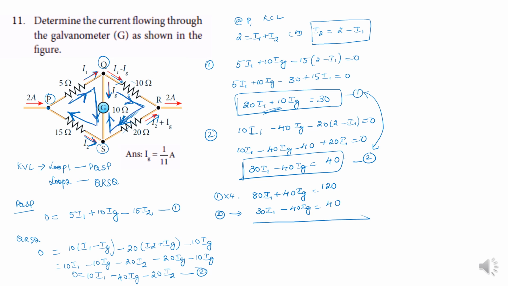Adding the two equations, 110 I1 is equal to 160. I1 is equal to 160 by 110, which is 16 by 11 amps. So I1 is equal to 16 by 11 amps.